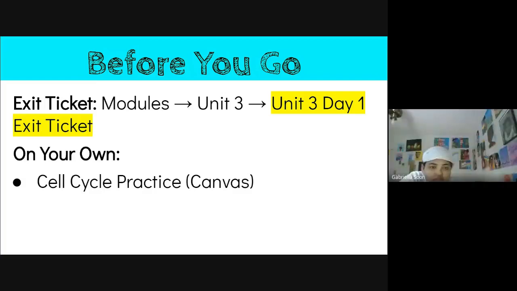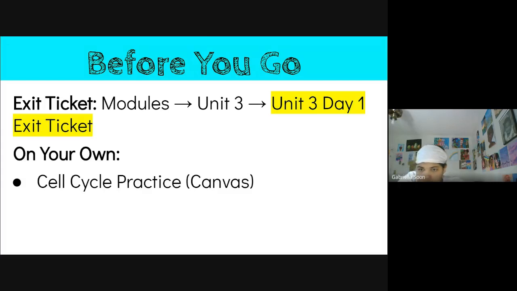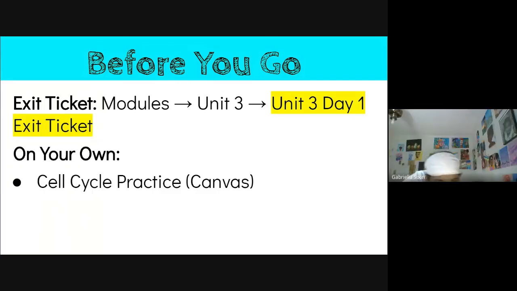Mr. Red? Yes. On the exit ticket, the third question, does G1 mean like cell growth or like G2? I'm pulling it up now. It has G1 and G2 as options. Does that mean cell growth?